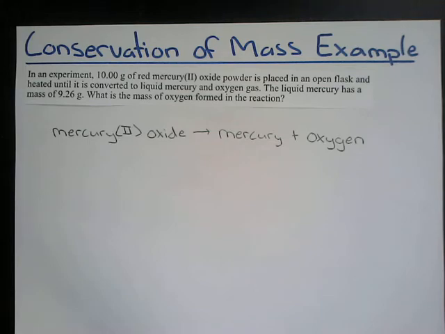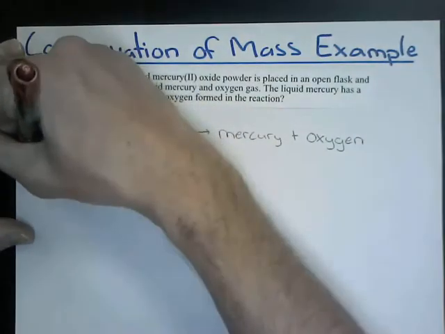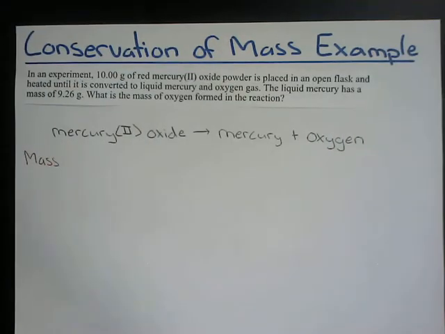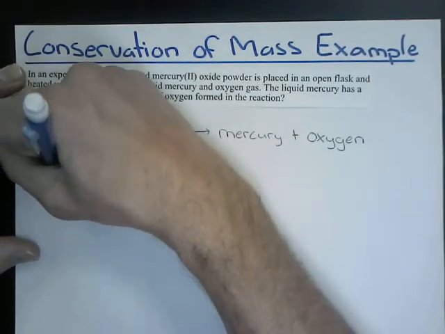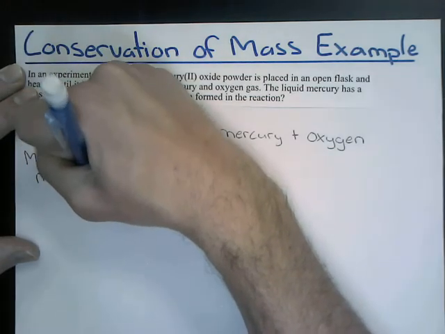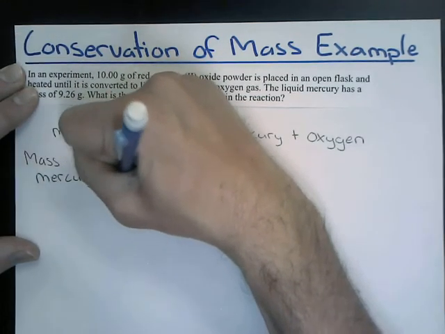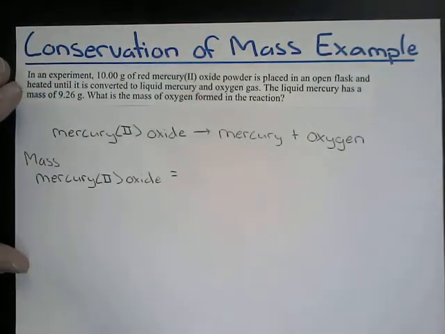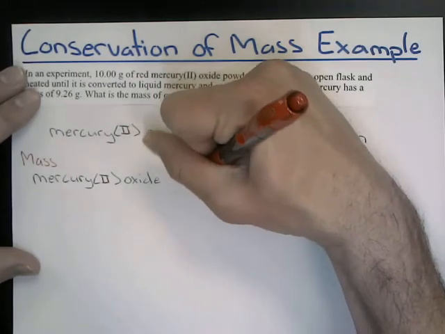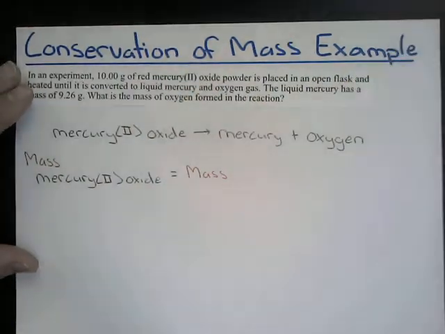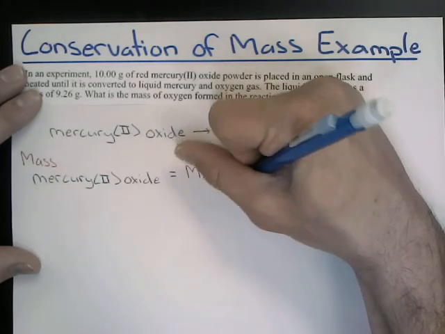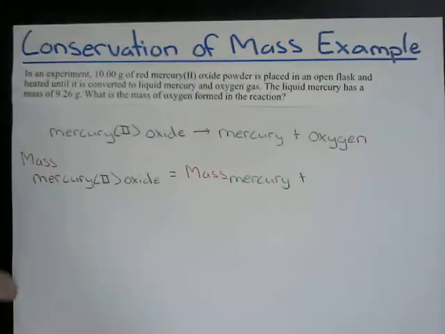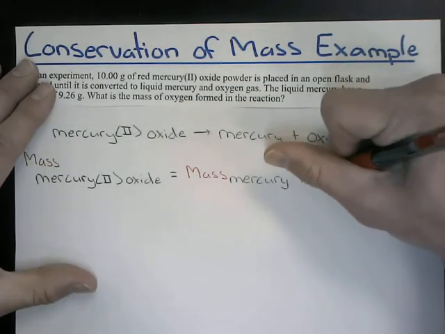I'm going to emphasize here that the total mass of mercury 2 oxide needs to be equal to the mass of mercury plus the mass of oxygen.